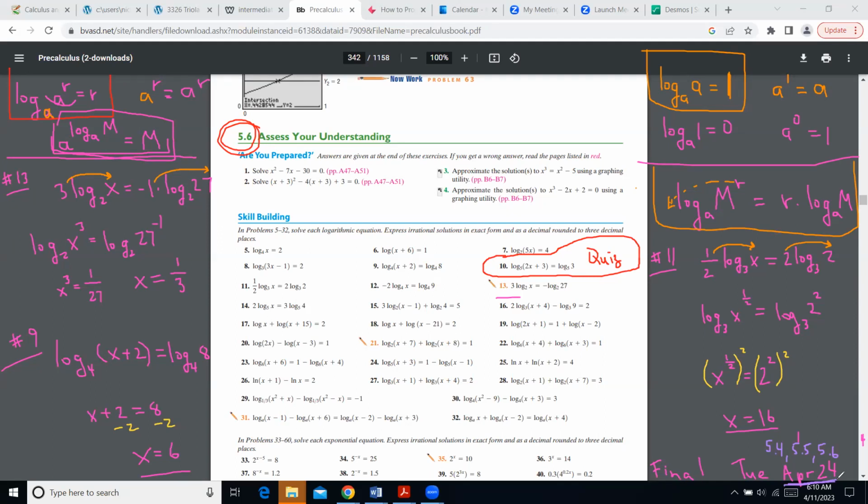We also had homework from chapter 4. I think it's 4.1, 2, and 3. I think 4.1, 2, 3, and 4. I need to double check. Right now, I don't want to close this page because people are taking the quiz. So if you're not sure what we did in chapter 4, just wait.